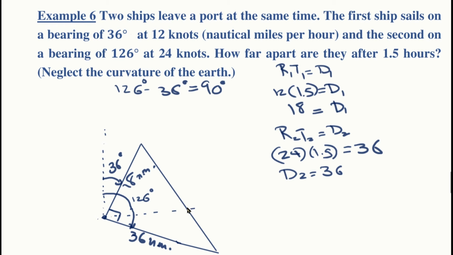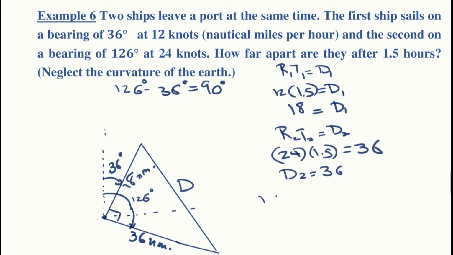This distance right here. So we'll call that just D, as the distance between the two ships, okay? So that's going to be easy to figure out now because we have the two legs of a right triangle and we're trying to find the hypotenuse. That distance happens to be the hypotenuse of this right triangle.